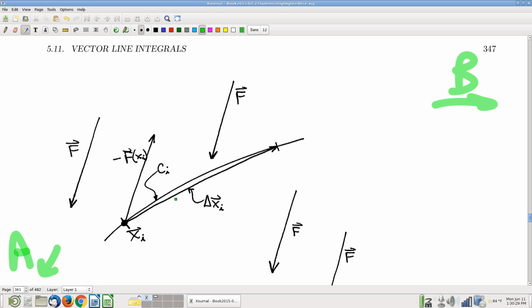But focusing our attention on just one teeny tiny little piece of curve, maybe the problem will be simpler. And it is if you think about it. A teeny tiny little piece of curve is approximately straight. It's not exactly straight, but it's really close to straight, and so I can view that vector as representing my displacement.